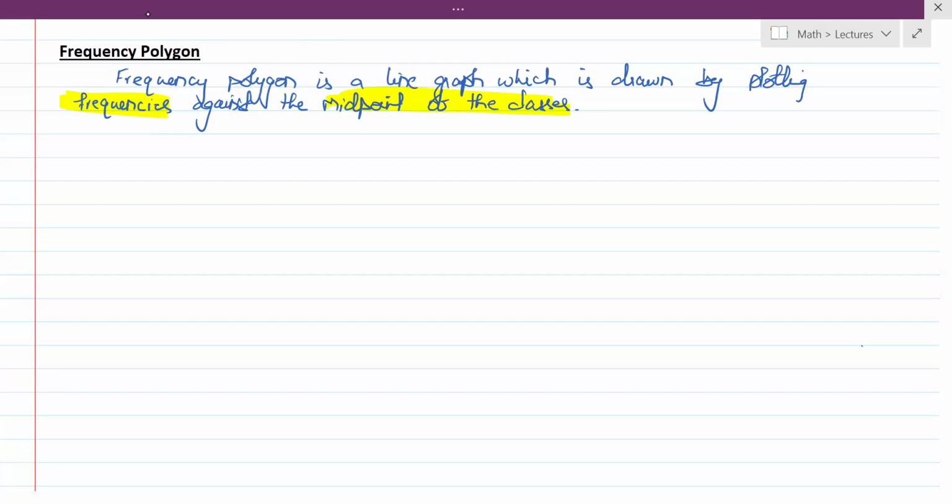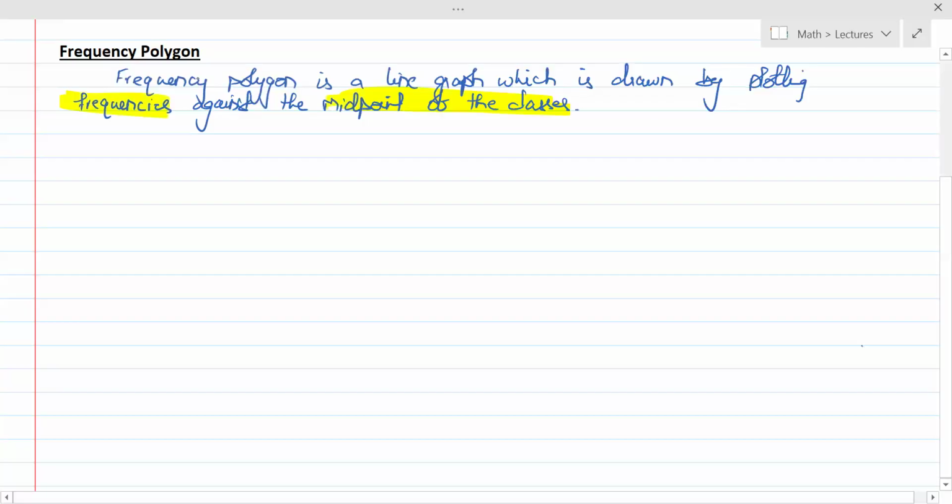So that means midpoint of the classes means this frequency polygon is always applied in case of the group data. And whenever we have group data, we always have the classes.